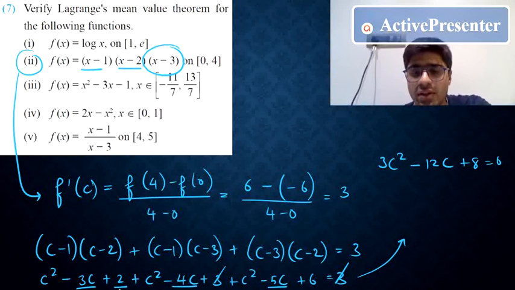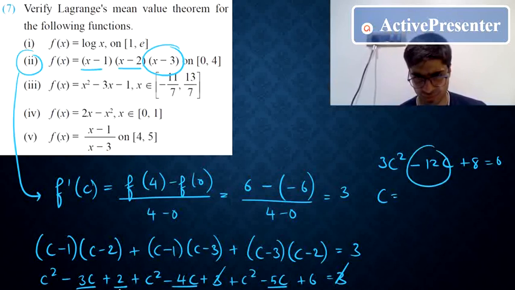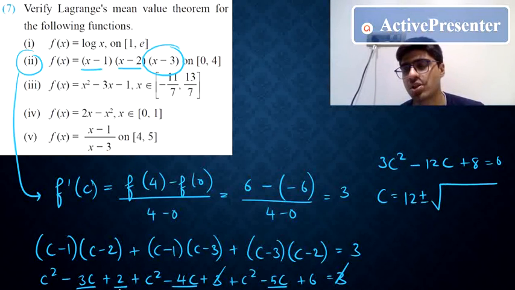To factorize that, the product is 24, right? So 24 and 2 numbers giving you 12, we don't have any such numbers, so we will have to apply the quadratic formula. So the value of c will be minus of minus 12, which is plus 12, plus minus root over b square, that is 144, minus 4ac, that is 4 into 3, which is 12, into 8, which is 96.